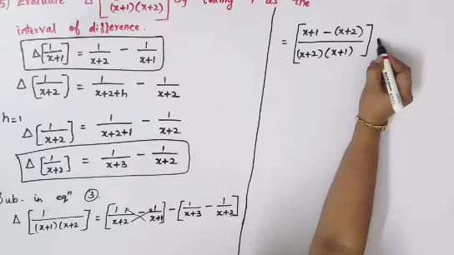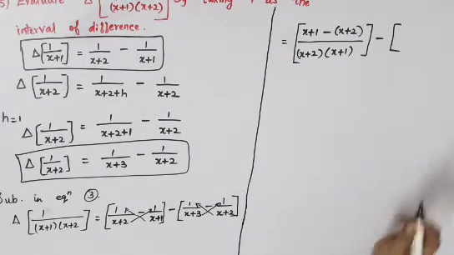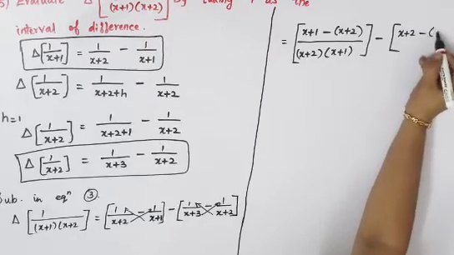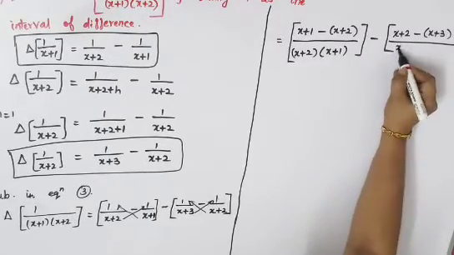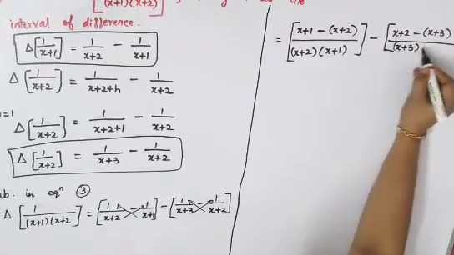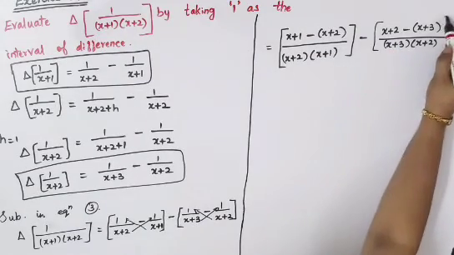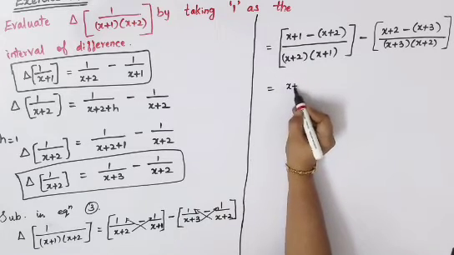Same way for your second term, that is LCM of these two terms, otherwise cross multiplying. So I will get (x plus 2) minus (x plus 3) divided by (x plus 3) into (x plus 2). So the next step is x plus 1.